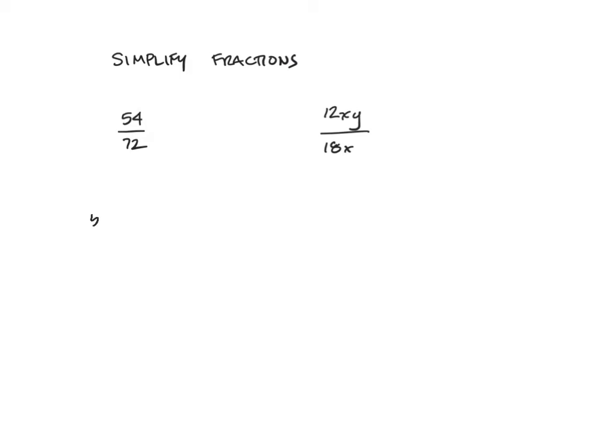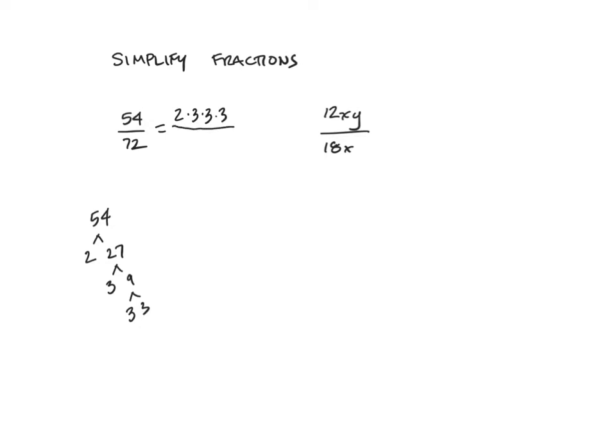So let's take a moment. We'll do our little factor tree here for 54. So that would be 2 goes into 54, and it goes in 27 times, and then 3 goes into this 9 times, and then 3 and 3. So the prime factorization for 54 is 2 times 3 times 3 times 3.